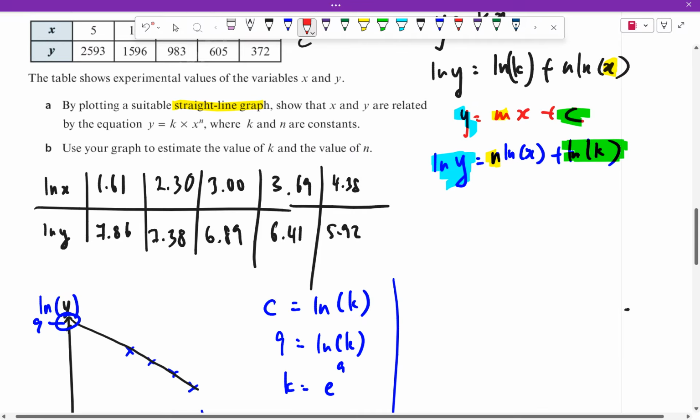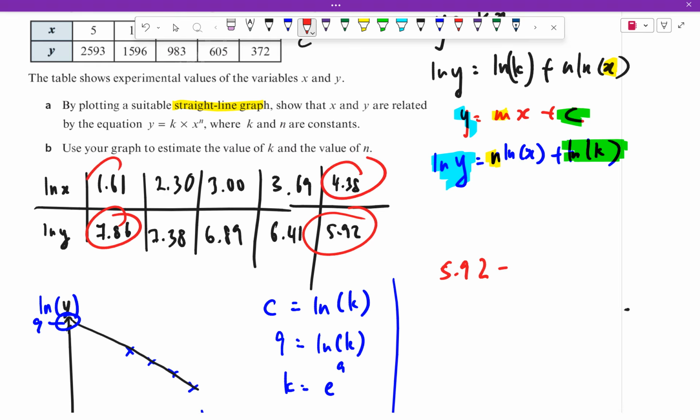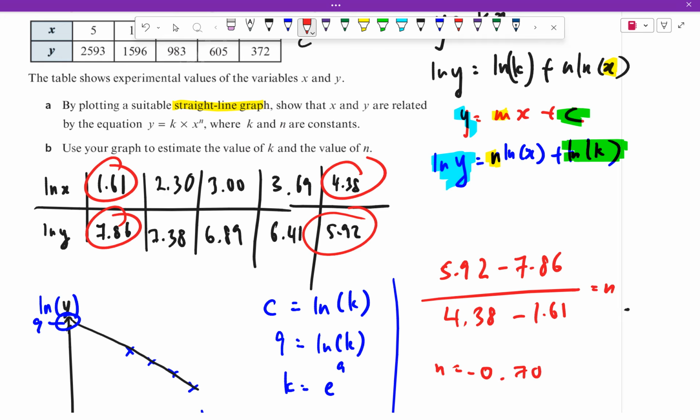So that results in 5.92 minus, let me put this one, and then I choose this one, so minus 7.86 over 4.38 minus 1.61. So our n value would equal negative 0.70. Alright. And that will be the end of story.